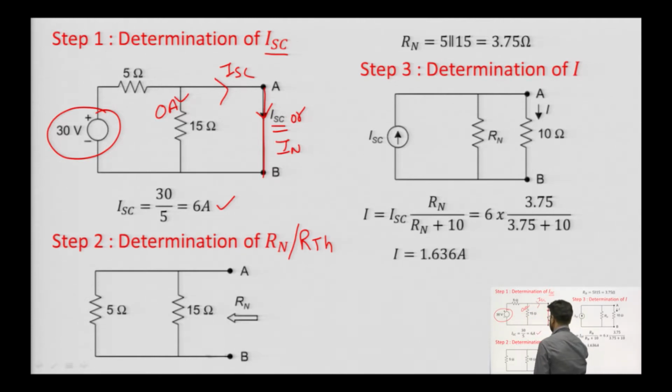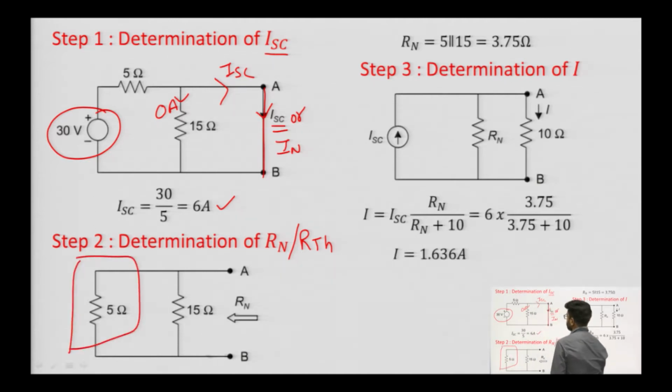We get this network: 5 ohm, here we have 5 ohm in series with the 30 volt, and since the 30 volt has been replaced by a short circuit, we have 5 ohm only. So Rn seen from terminals A and B is 5 in parallel with 15, which equals 3.75 ohm.